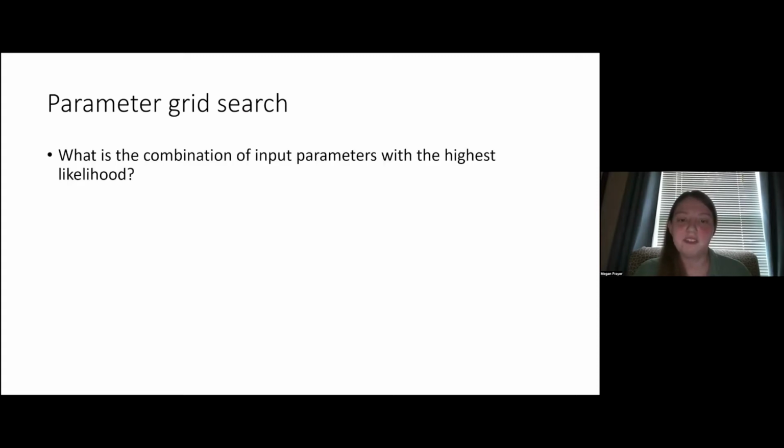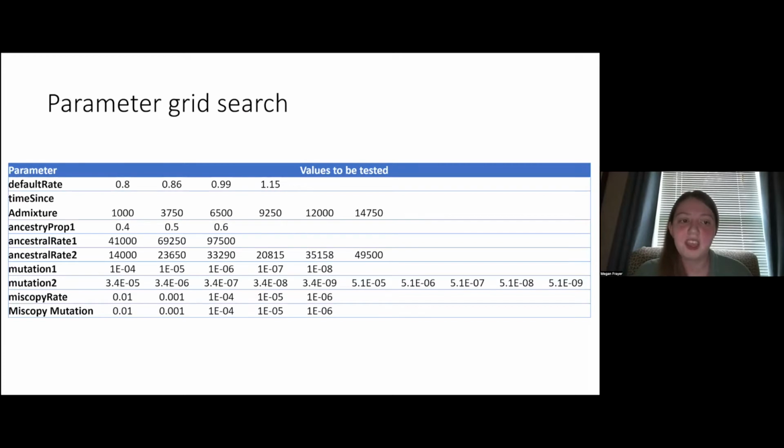When we do that inference that I just showed you, there's a number of assumptions we have to make in the program, and so we want to find the combination of input parameters that has the highest likelihood, because for some parameters, we have a better sense of what they should be than others. Now this program has a lot of parameters, and what these parameters are and the numbers don't really matter for this moment, but the key thing is there's a lot of potential parameters, and there's therefore a lot of combinations.